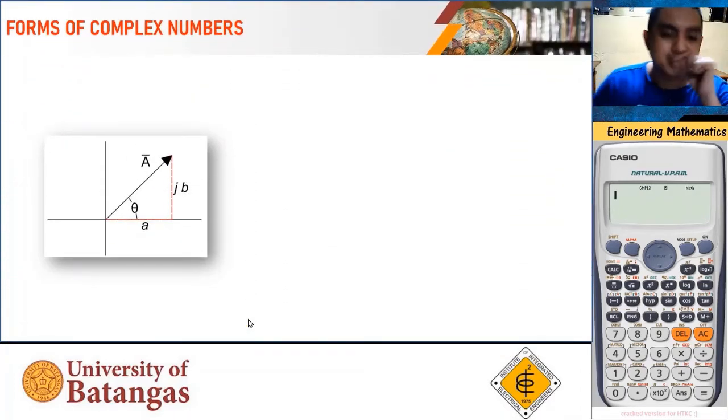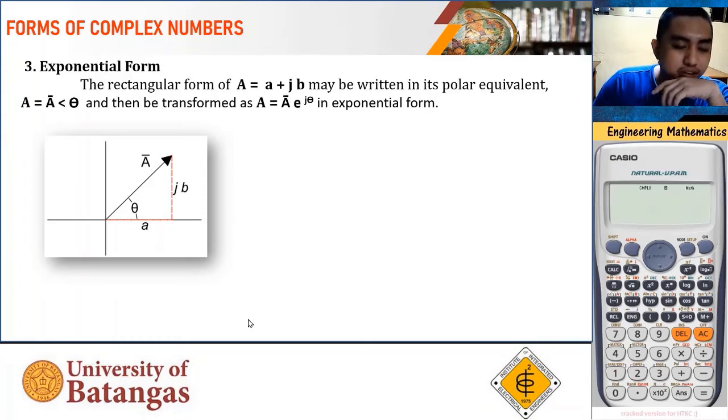Next is exponential form. So, sa exponential form, the rectangular form of A equals A plus JB may be written in its polar equivalent A equals A bar angle theta and then be transformed as A equals A bar e raised to j theta in exponential form.